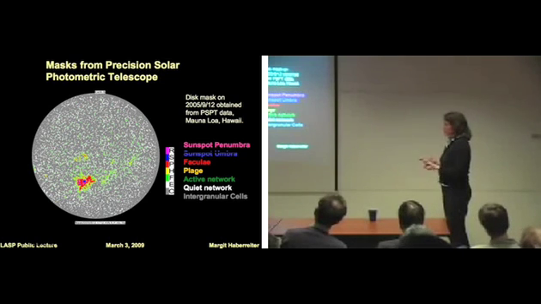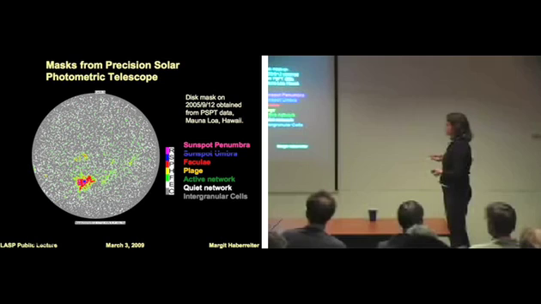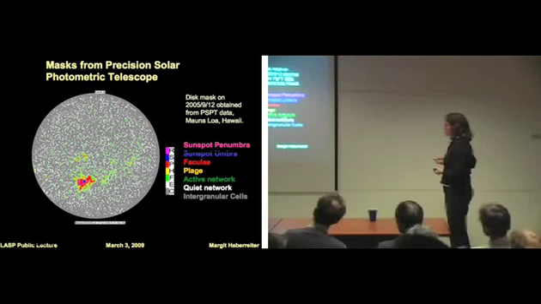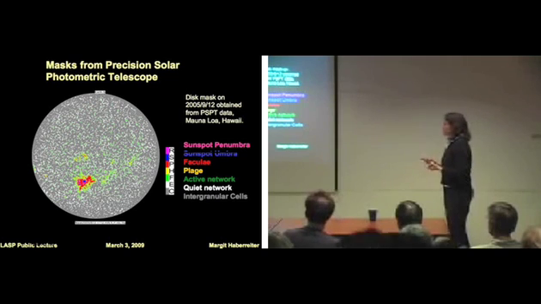We do a feature identification of the features on the solar surface, and we can come up with these masks that indicate different intensity levels on the sun. So we have sunspots, sunspot penumbra, umbra, faculae, plage, active network, quiet network, and intergranular cells, just to give you an idea what the features can look like.